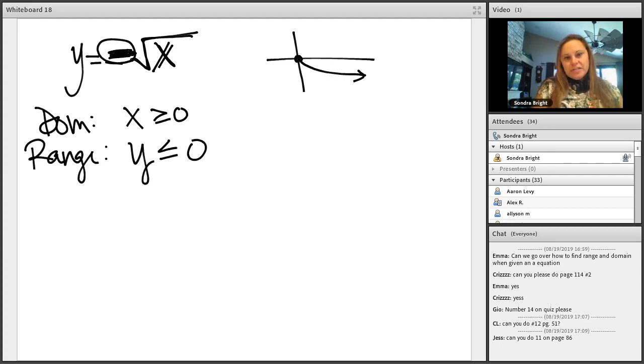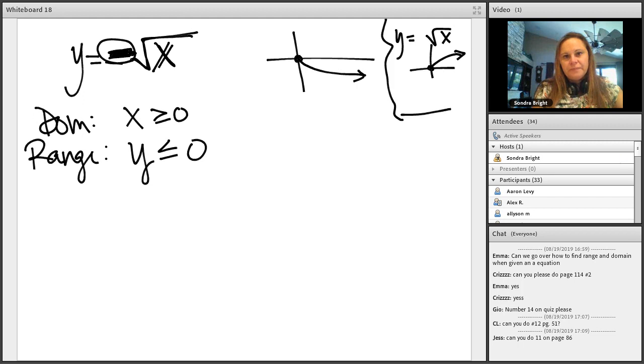Which if you think about the transformation, which is what we were doing all chapter, right? y equals positive radical x looks like the upper half, and so y equals negative radical x reflects it, and so that's this graph there. Okay, hopefully that made sense.